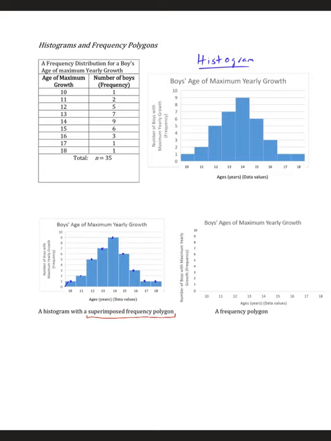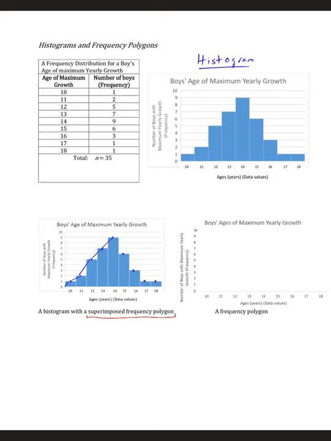I know it might be hard, but if you have a ruler, it does make it a little bit easier to draw straight lines. If not, just do your best. It's kind of hard for me to do this on the iPad, but we'll see how it goes. You want to go for every 2 dots.